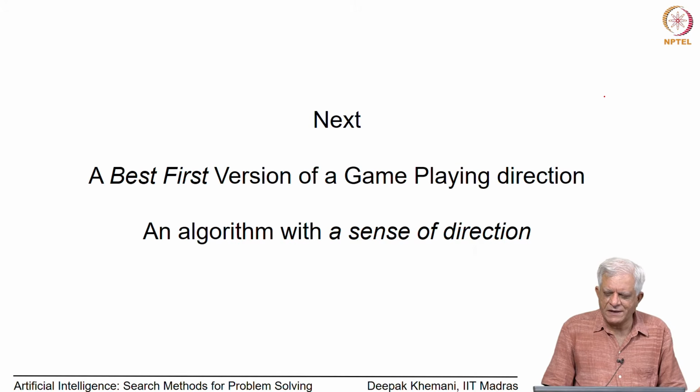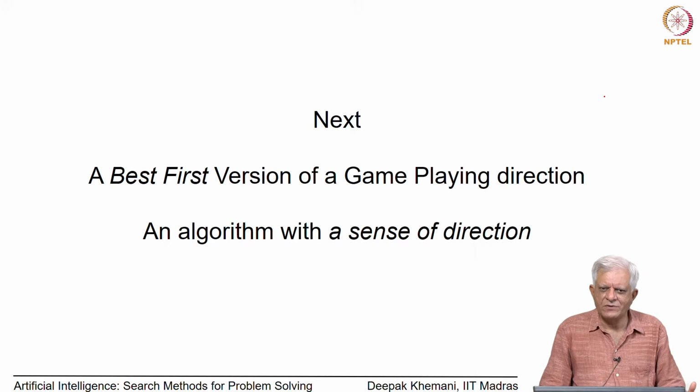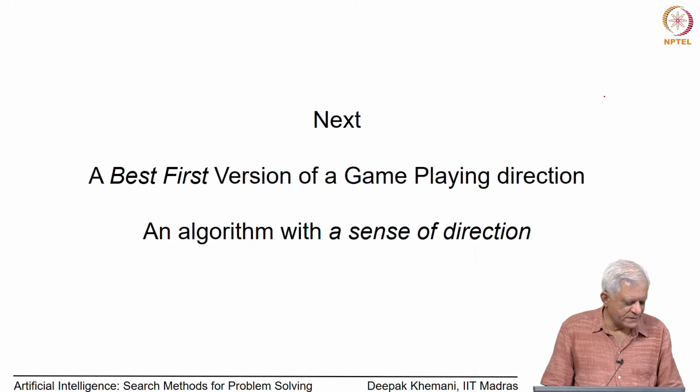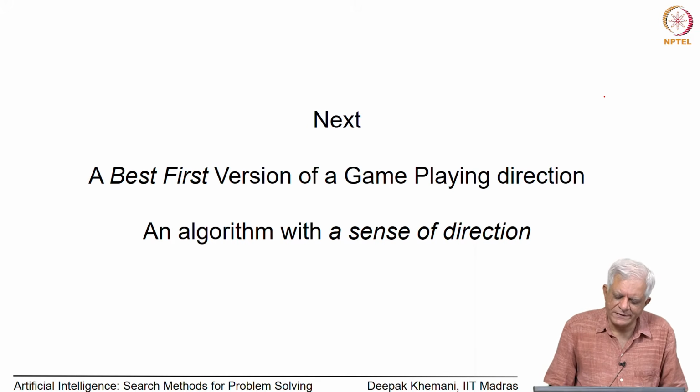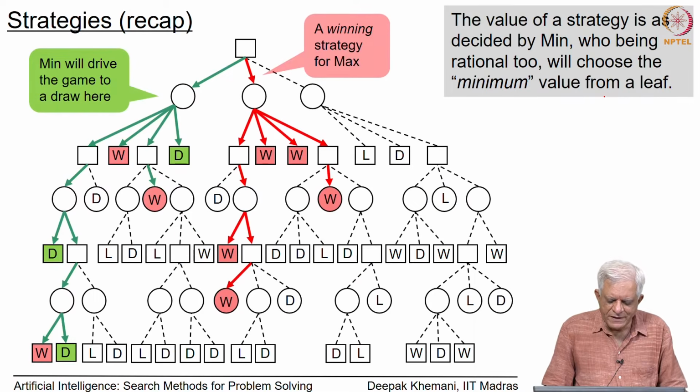Now, our alpha beta algorithm does not have a sense of direction, in the sense it always searches from left to right, the way that we have defined the algorithm. We did see that if you reorder the tree, maybe its performance can change, but instead of reordering the tree, can we look at an algorithm which will go towards the best moves initially? So, let us go to that algorithm.